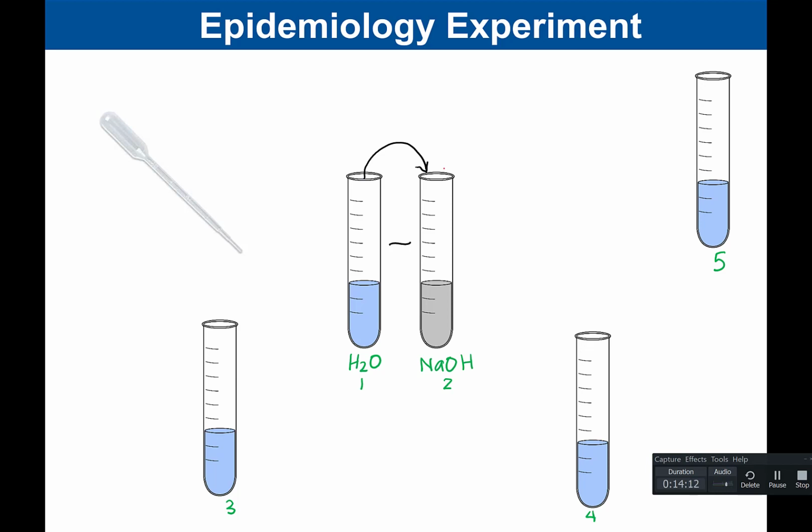My partner would take some of their liquid and they would add it to my tube. And so what you're getting is this exchange of body fluids, right? The liquid inside here is representing body fluid exchange. So we would mix our fluids back and forth. I would give my partner fluids. They would give me fluids.